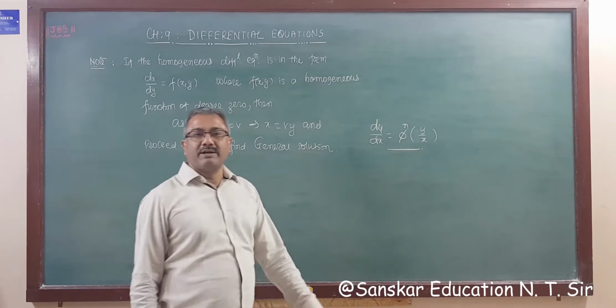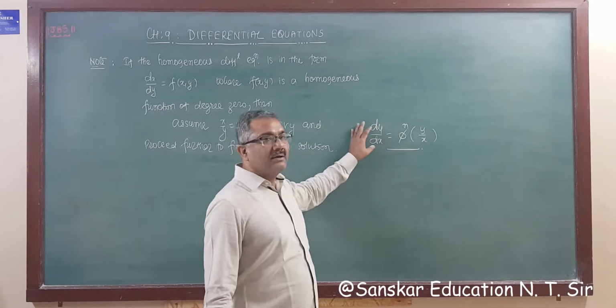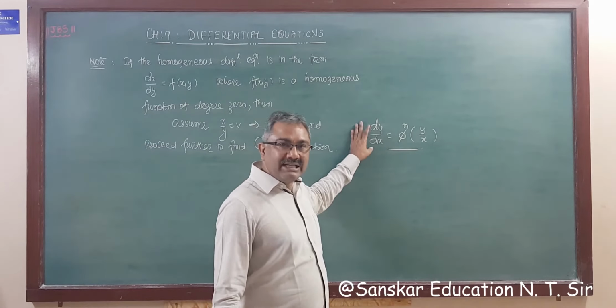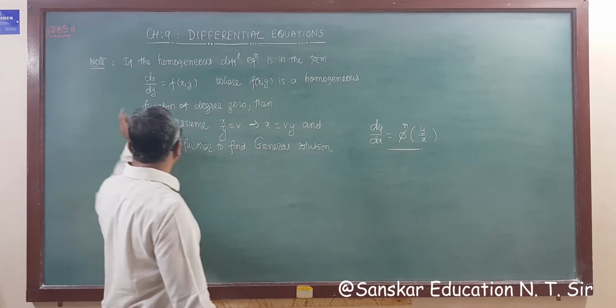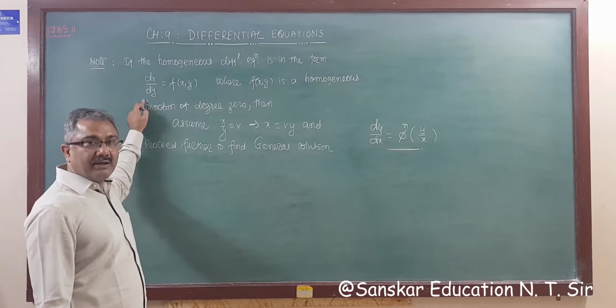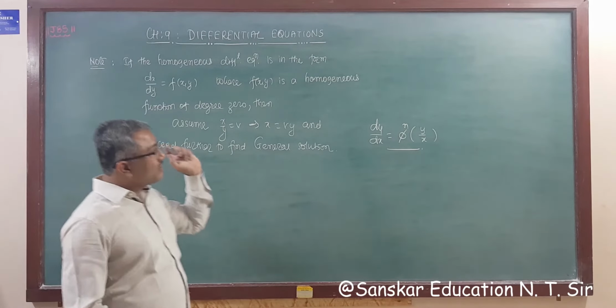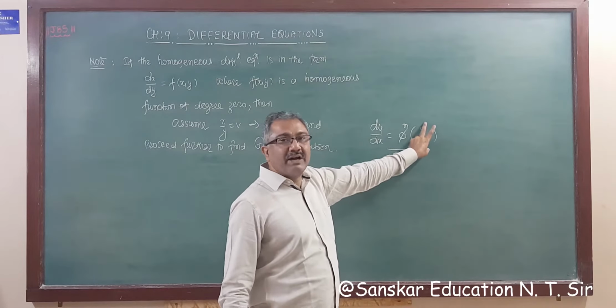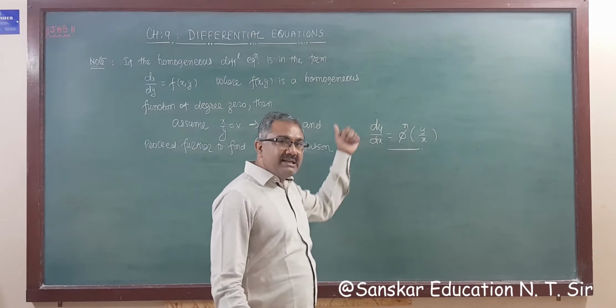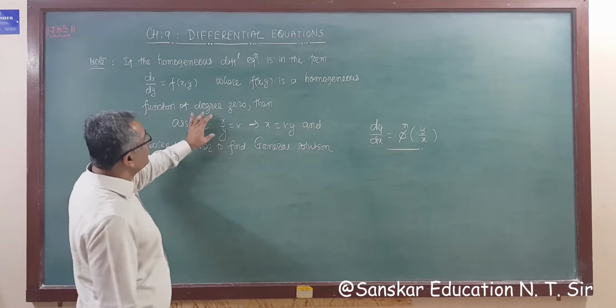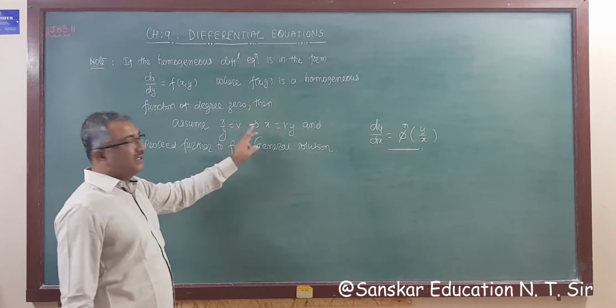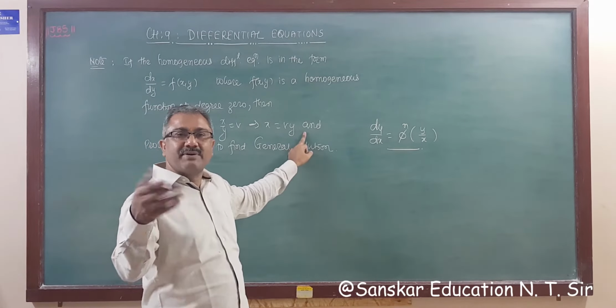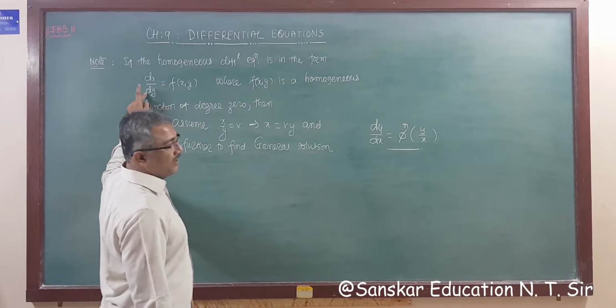But it is not necessary that a differential equation is always in this form. Sometimes it may be in this form, dx by dy, right? What we did, we solved this equation by assuming y by x is equal to v. So in this type of equation, you have to assume x by y is equal to v, that is x is equal to vy, and then differentiate with respect to y, not x.